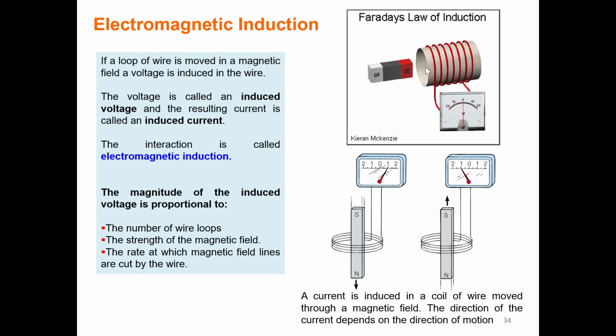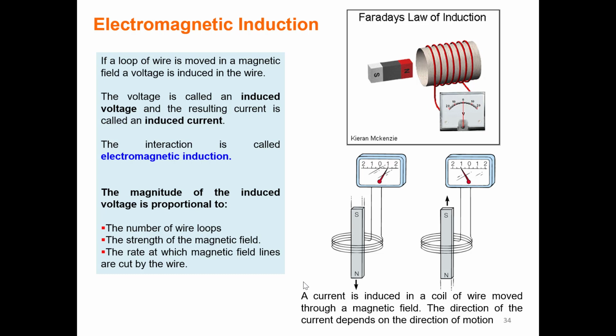But when this magnet is moving through the loop of wire, we can see some voltage is generated. This voltage is called the induced voltage, and the resulting current is called the induced current. This is how magnetism can induce an electric effect, just due to the motion of this magnet through the loop.